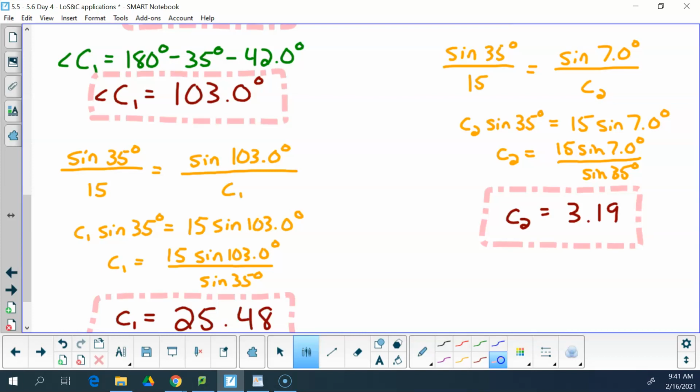Again, might be a little off on those last two, depending upon your rounding, and I'm okay with that, as long as you're close. If you got like 92 instead of 25, then we've got issues. But if you got somewhere in that 26 to 25 range, you should be okay. Any questions?